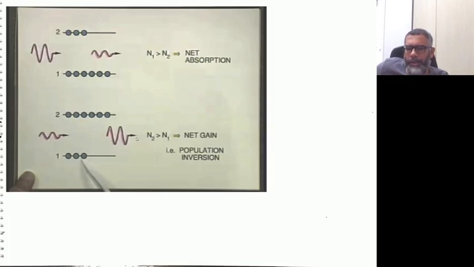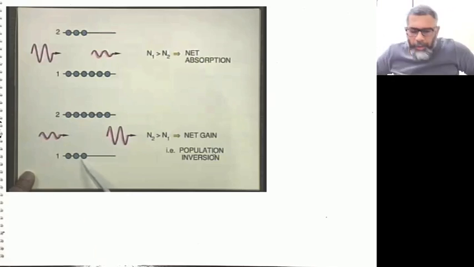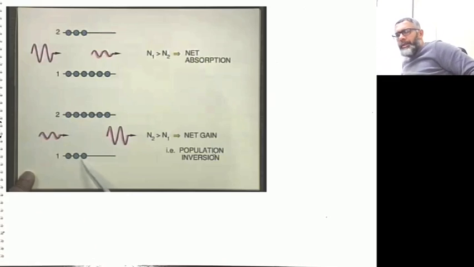It will be in the same direction, so it will be stimulated light, stimulated photons, as long as you have N2 larger than N1. In this case, you have what is called population inversion. So population inversion is one of the must conditions.